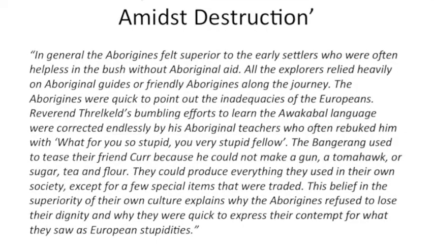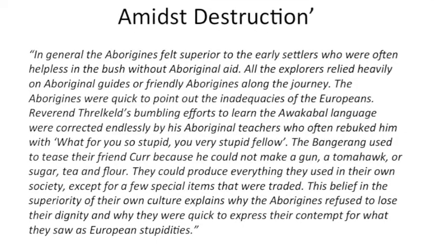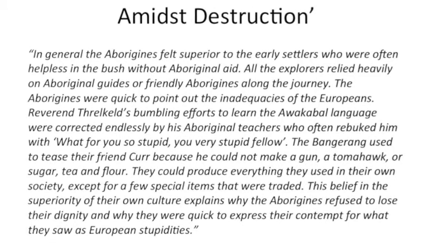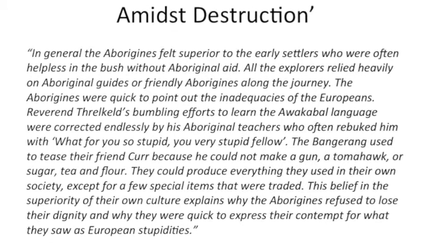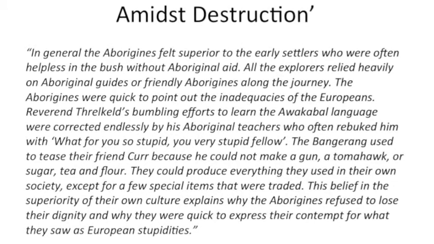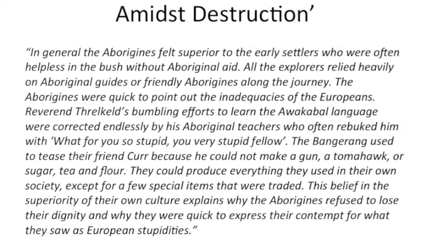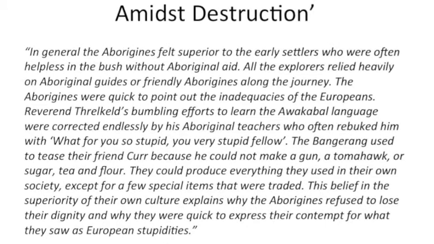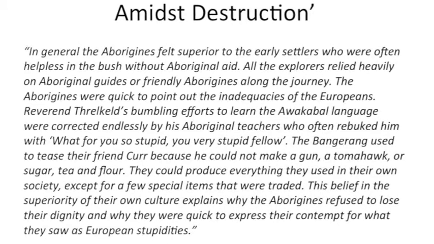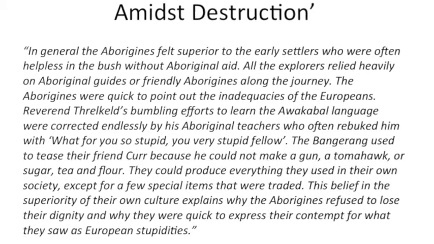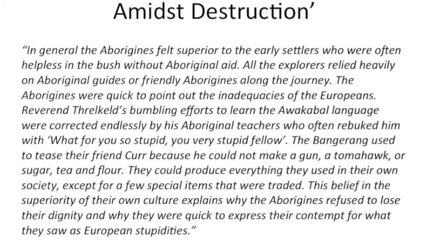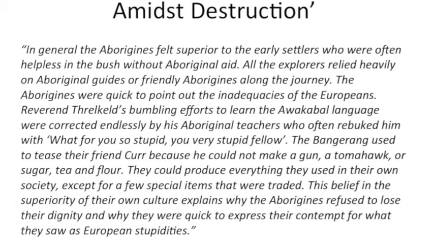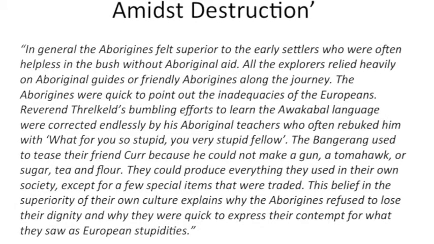In general, the Aborigines felt superior to the early settlers who were often helpless in the bush without Aboriginal aid. All the explorers relied heavily on Aboriginal guides or friendly Aborigines along the journey. The Aborigines were quick to point out the inadequacies of the Europeans. Reverend Threlkard's bumbling efforts to learn the Awakabal language were corrected endlessly by his Aboriginal teachers, who often rebuked him with, "What for you so stupid, you very stupid fellow?"